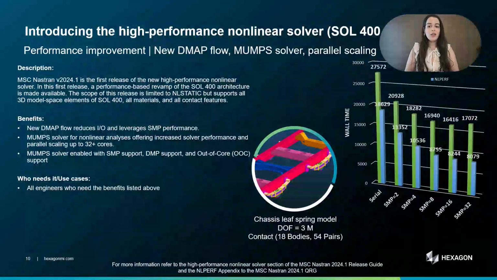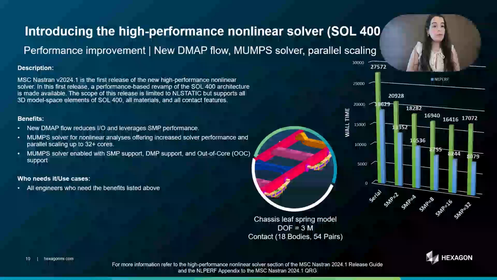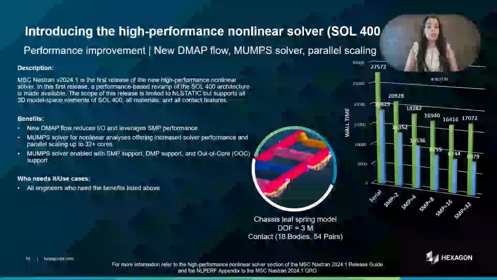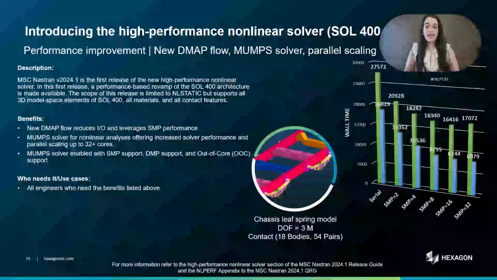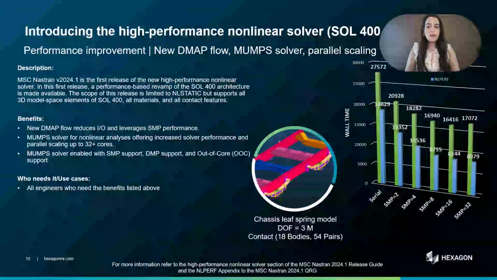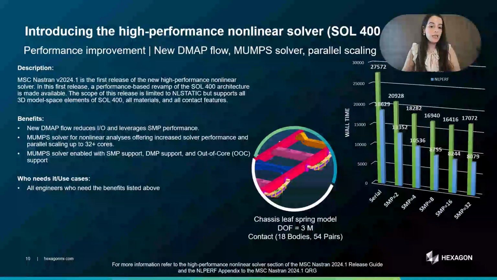The new DMAP flow reduces I/O operations and leverages shared memory parallel performance. We're introducing the MUMPS solver, which enhances nonlinear analysis, offering increased performance in parallel scaling up to 32 plus cores with support for shared memory parallel, distributed memory parallel, and out-of-core capabilities.